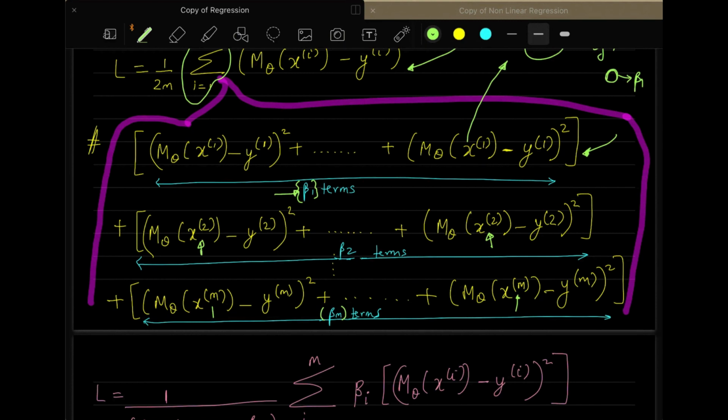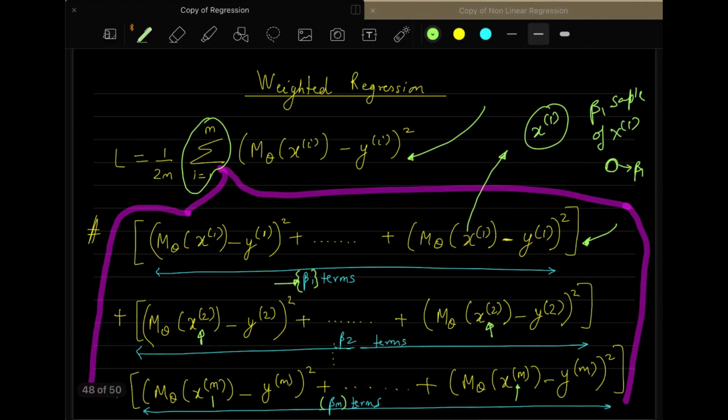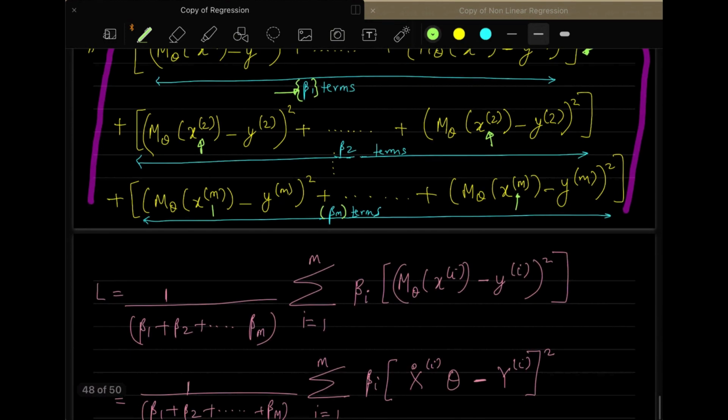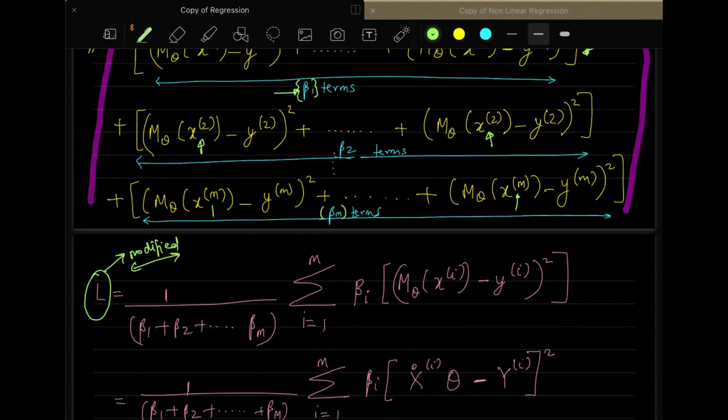So when you generalize this, if you write this series in a proper way, the modified loss function will become like this. It is very easy to generalize this. So you will have a beta i factor. This beta i factor is the multiplicity, the number of times this xi actually happens in this data set.